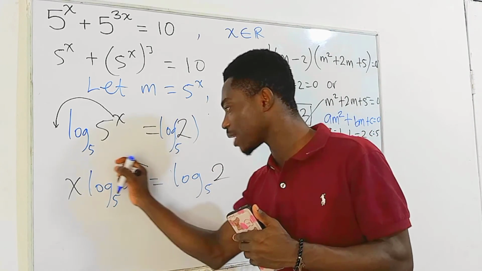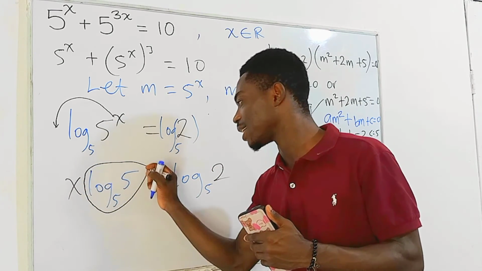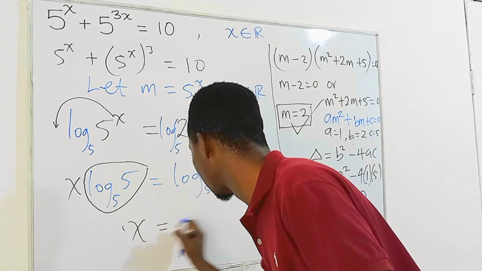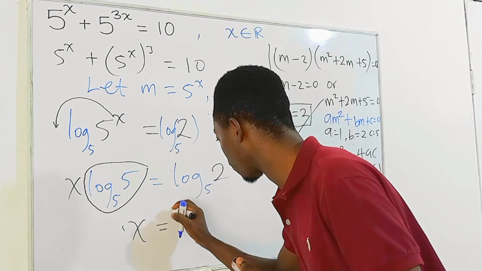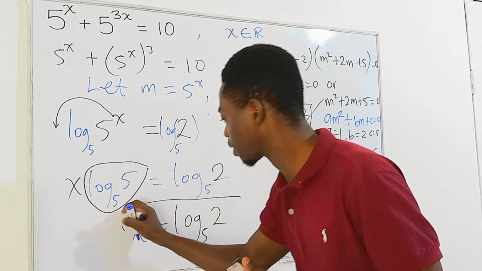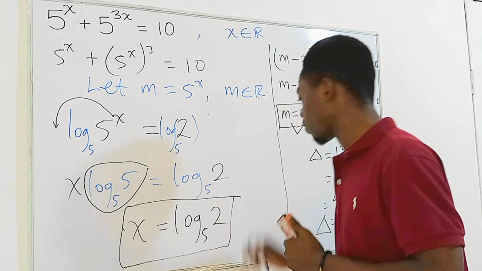And clearly we see that everything right here is just 1. So we are going to have only x on the left hand side. Then the right hand side we will have log base 5 of 2, and this is the value of x.